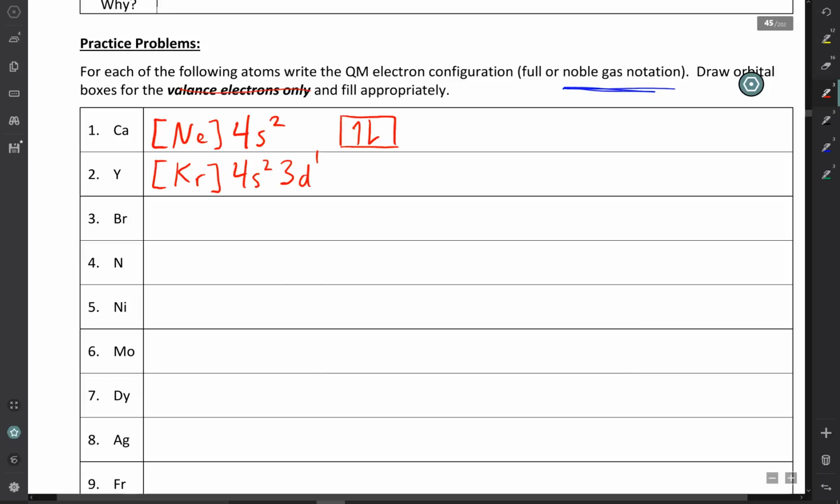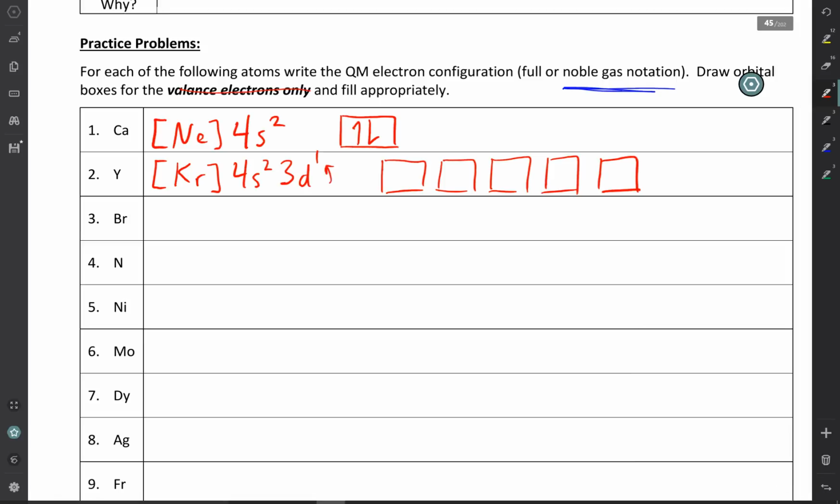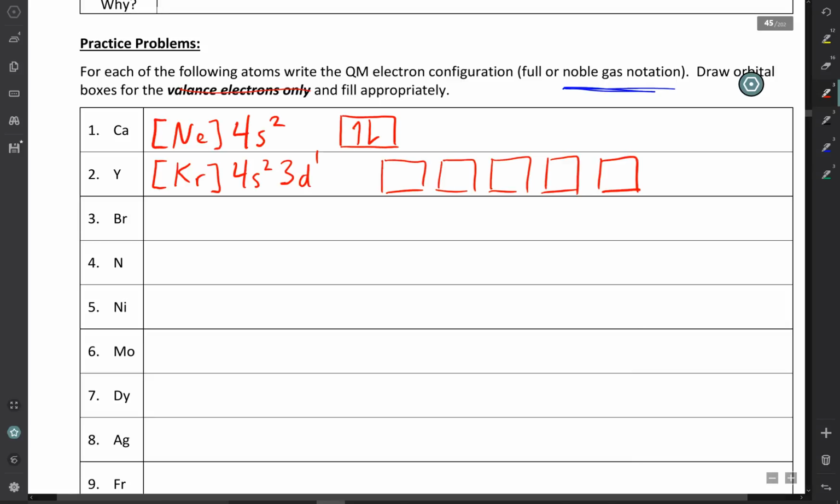In this case, I've got the d sublevel, and d sublevels have a total of 5 different orbitals. With just this one electron, I'm not going to need all of those boxes, but I still have to draw them. This way you've communicated to me that you know how many orbitals exist in a d sublevel.